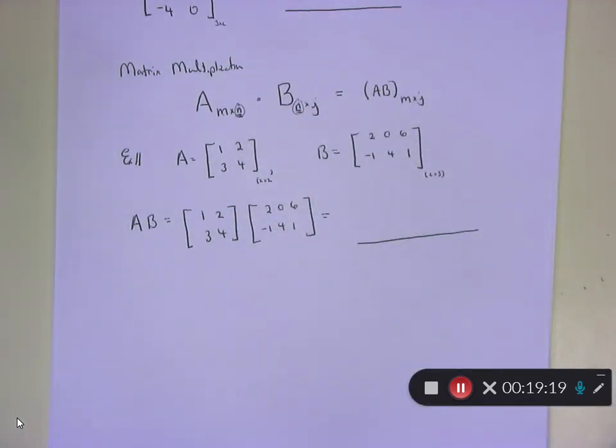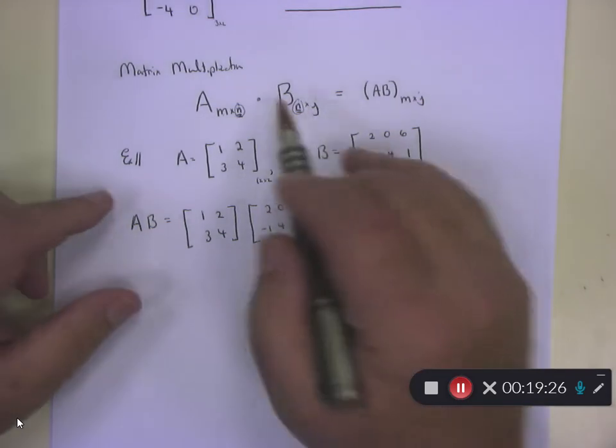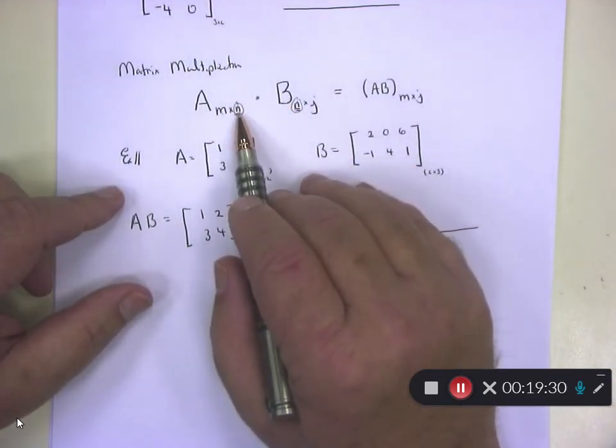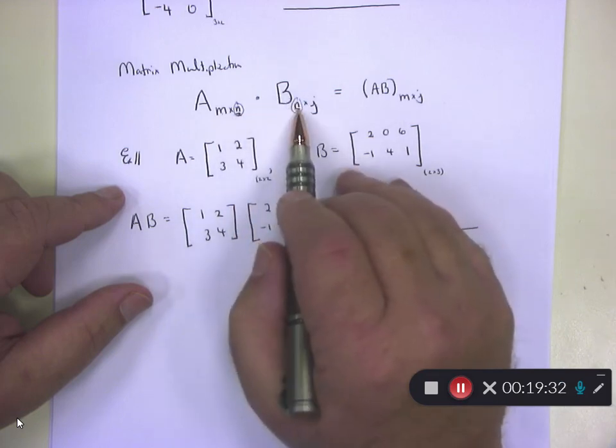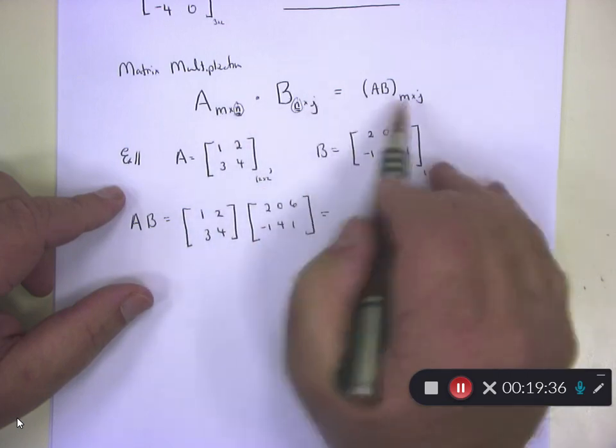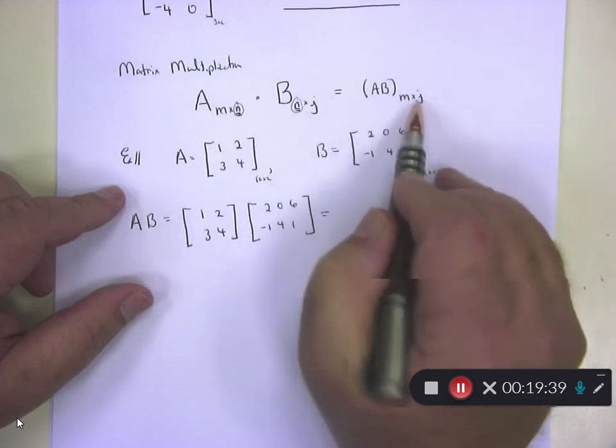If you have that, you can multiply them. If you do not have that, the answer is cannot do. It's the wrong size. When the columns of the first match the rows of the second, they cancel, and you're left with an M by J matrix for A times B.